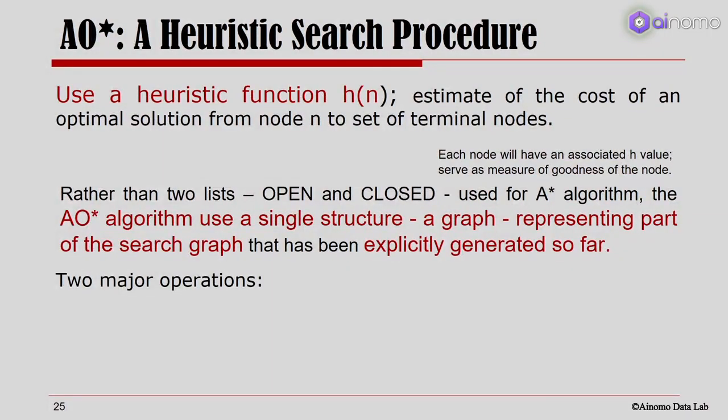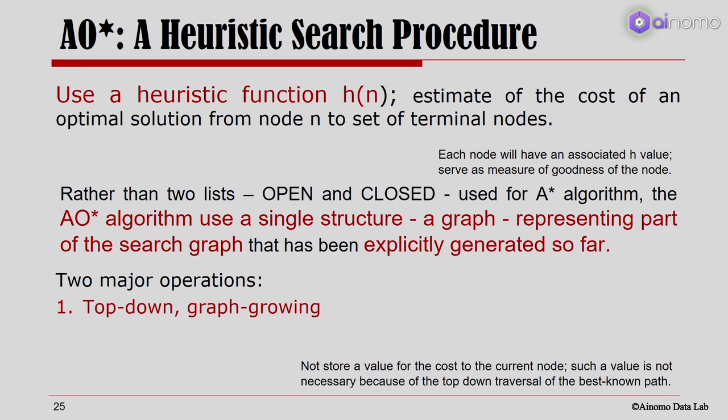the open and the close list, the AO star algorithm uses a single structure, a graph, that represents part of the search graph that has been explicitly generated so far. Two major operations are involved in this algorithm.